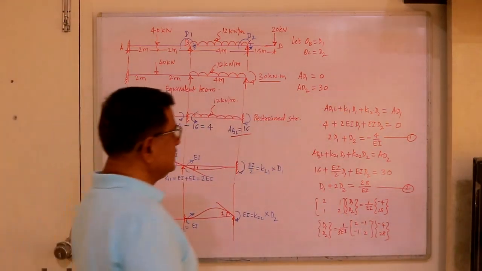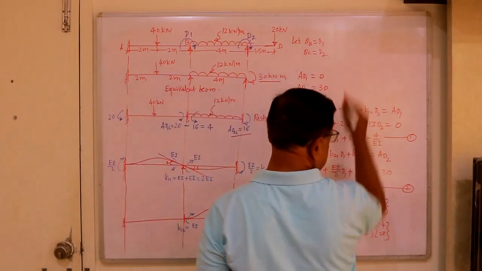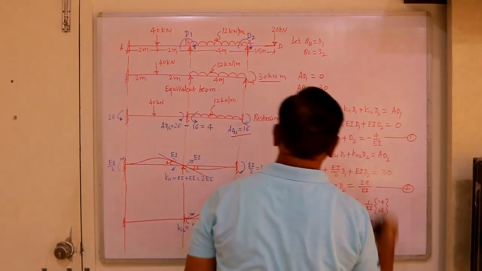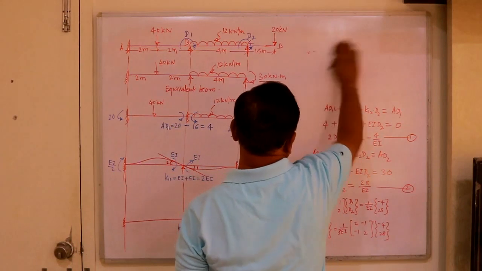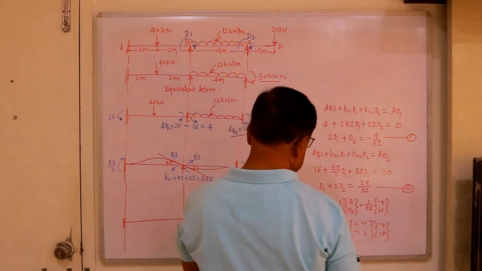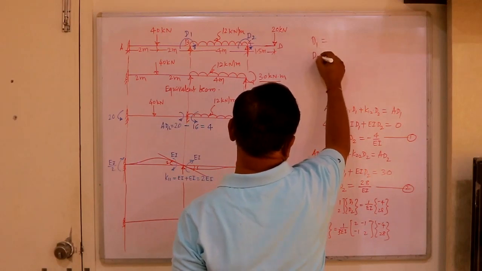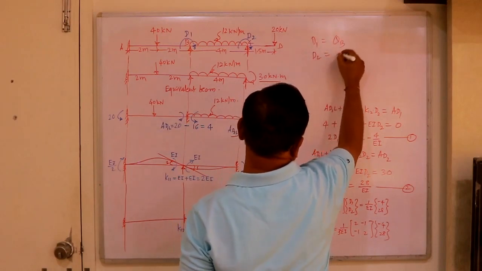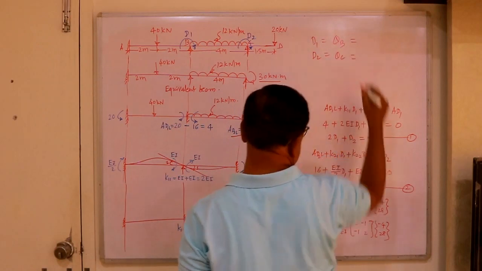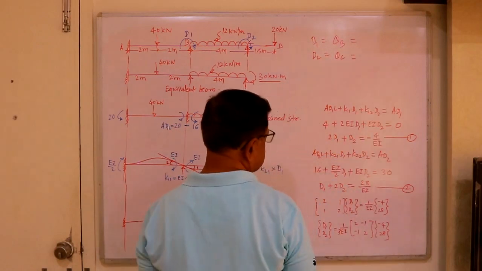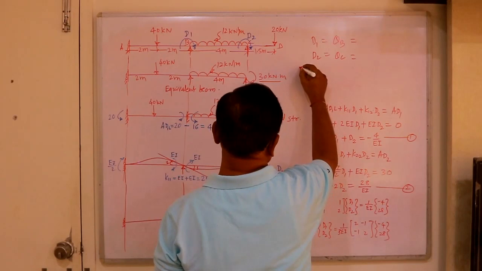Okay, you will get D1 and D2. So you find out D1, D2, that is theta B, theta C, by solving this matrix.